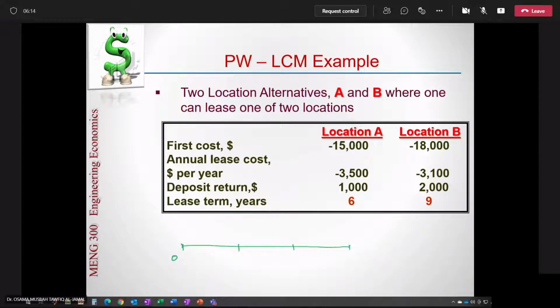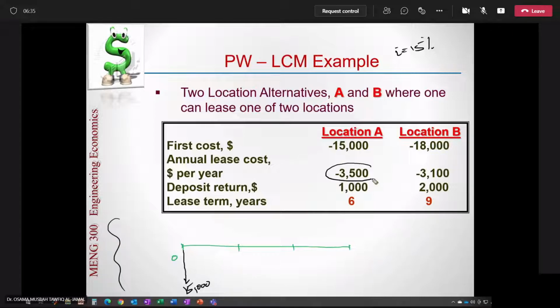Let's do it for the first cycle first of all. What do we have in here? The first cost, 15,000. The interest rate here, MAR, is equal to 15%. I'm not going to show it now because I want to use this space.